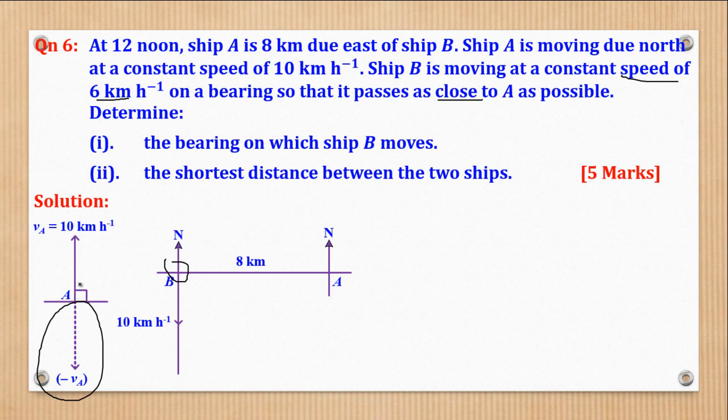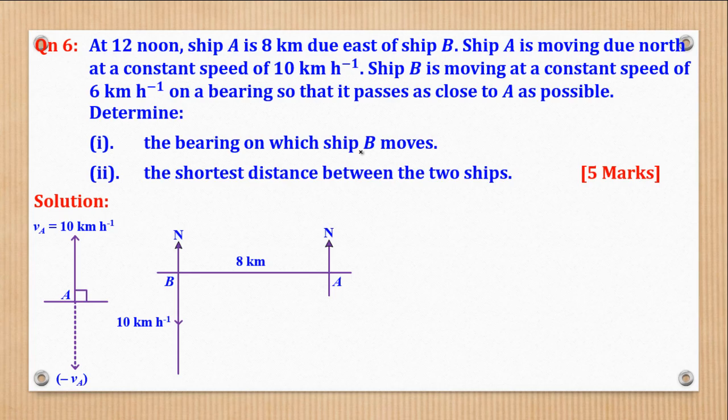So this VA is known, and that is what I reverse and put at B, together with the velocity whose direction is unknown.